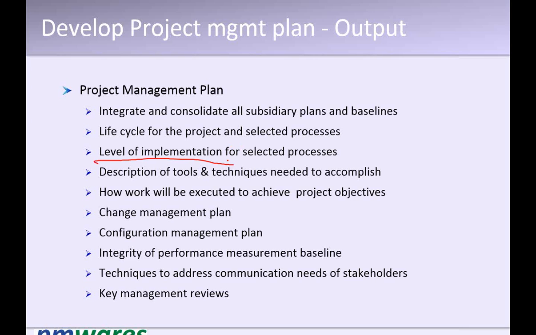The depth will be much more in the big project, while in the smaller project the level of implementation will be low. So we can select at what level we will actually use these processes.